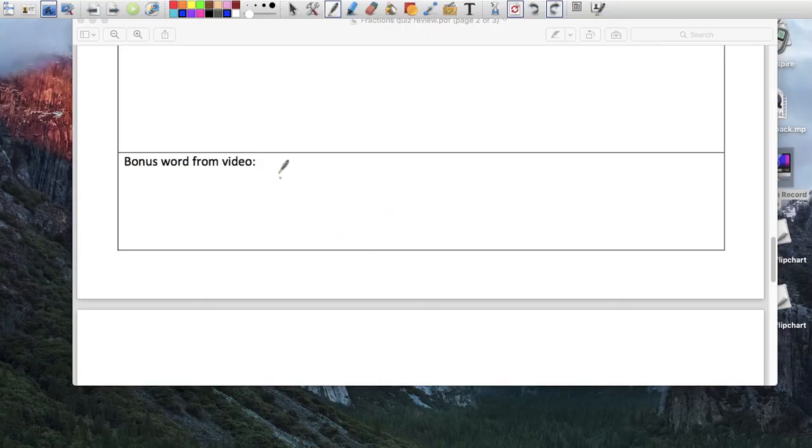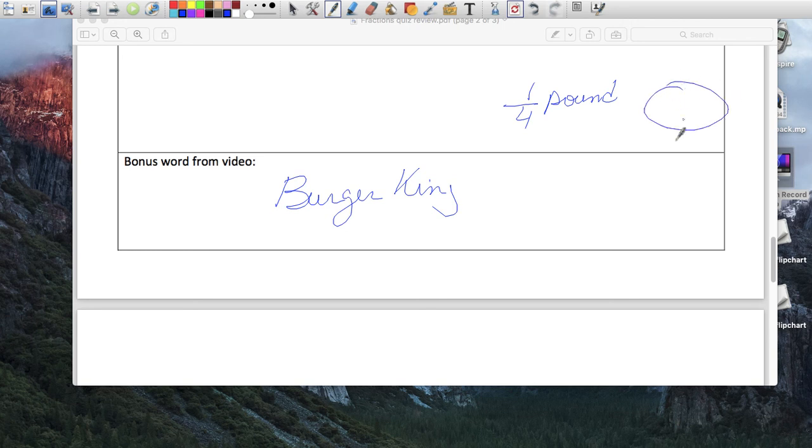You know what? There's a funny story. I believe it was Burger King. McDonald's came out with quarter pounders, right? It's called a quarter pound because the hamburger patty weighs 1/4 of a pound. That was McDonald's.